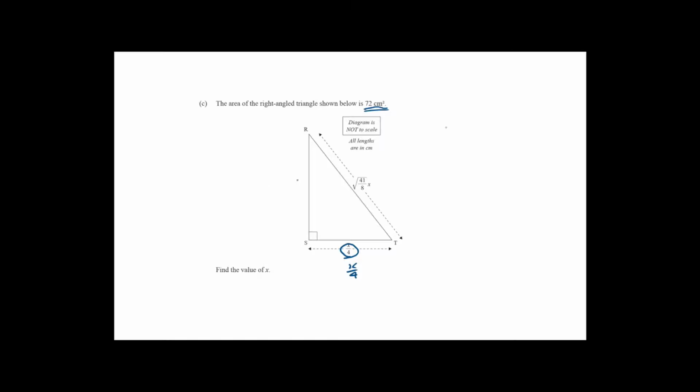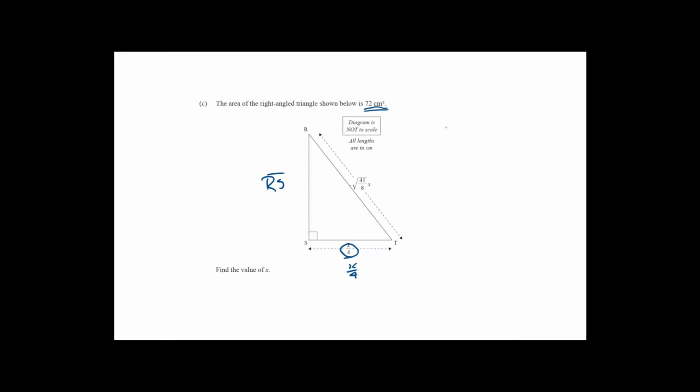So therefore, this side here, RS squared, plus this squared is going to equal this squared. That's one thing. And half of this times this equals 72. So let's do that first.